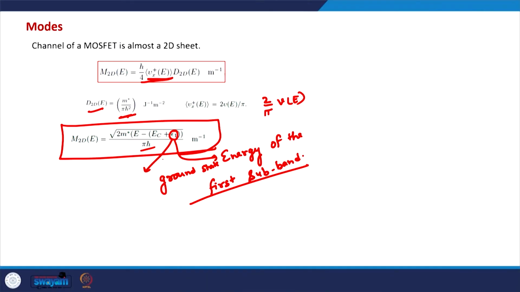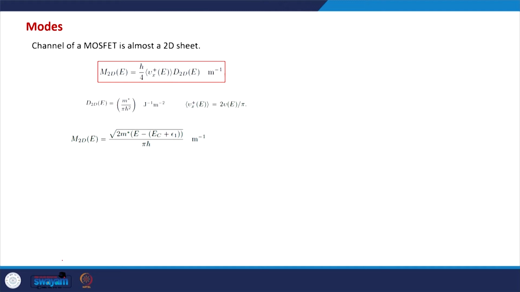So, there is a confinement in the third direction as well, and because of that subbands arise in a 2D material. That modifies the ground state of the electrons, so that is why we need to account for this parameter epsilon 1 as well. This is the parameter that also appears in the current expression, and while explicitly calculating the current in the channel, we will use this expression.